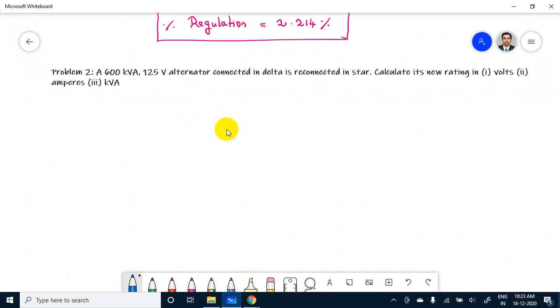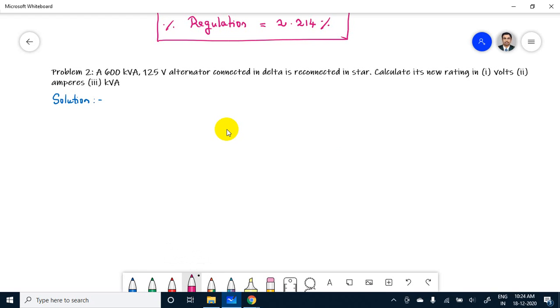Solution. You see this problem. A 600 kilovolt ampere, 125 volt alternator, it's connected in delta. You people are familiar with the delta connection.